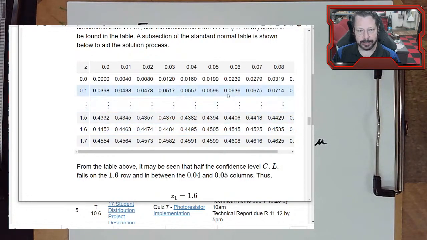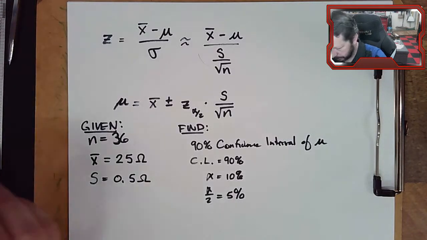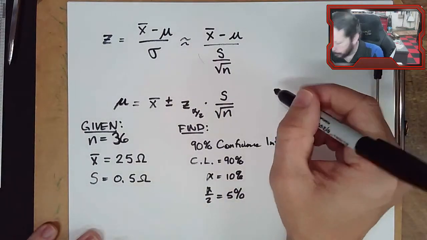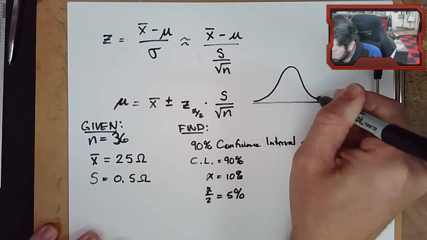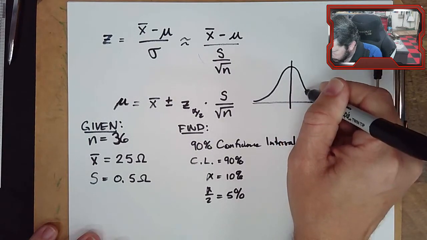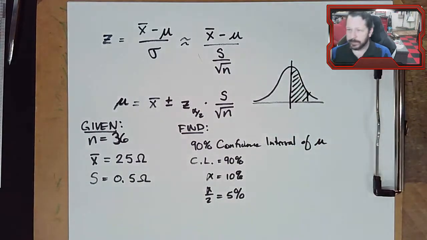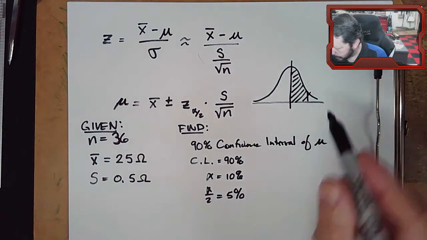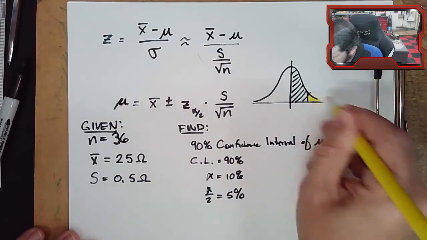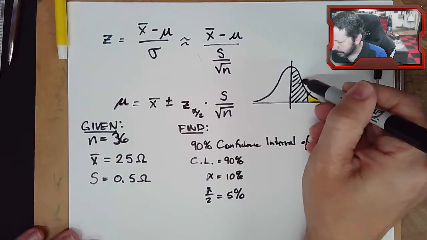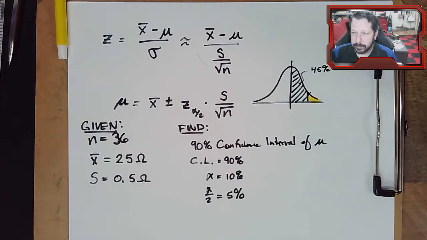Let's go off of this for a second. This chart doesn't show a picture of it here, but this chart, I believe, is giving us this value. This 5% is actually this little piece over here. So in the chart, we are actually looking for the one that corresponds to 45%.